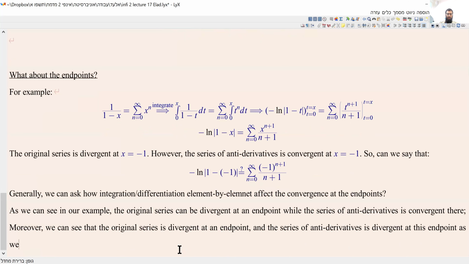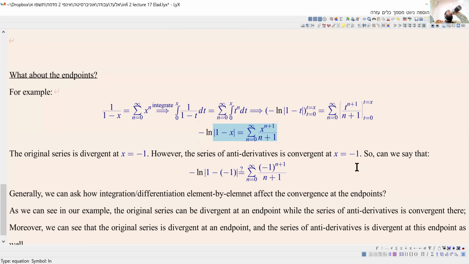I mean, here for x equals -1, the original series is divergent, while the new series after integration element by element is convergent, and at x equals 1, they are both divergent.